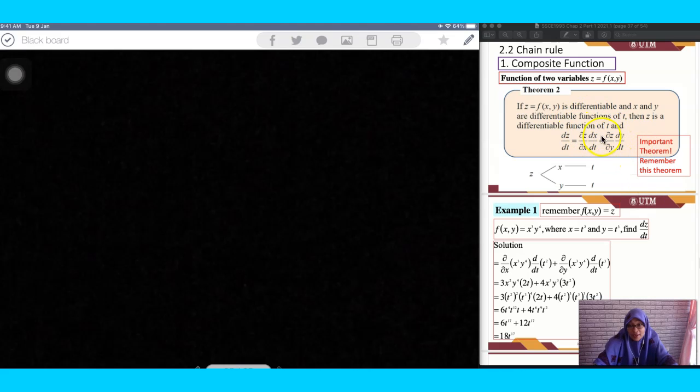If we look from here, if you have a two variable function, and we have a parameter t. For example, we know that z is a function of x and y.